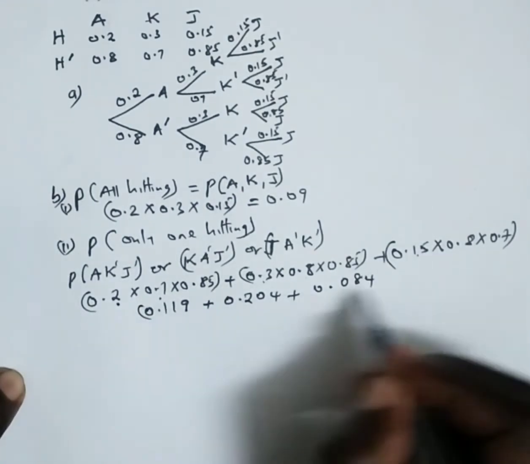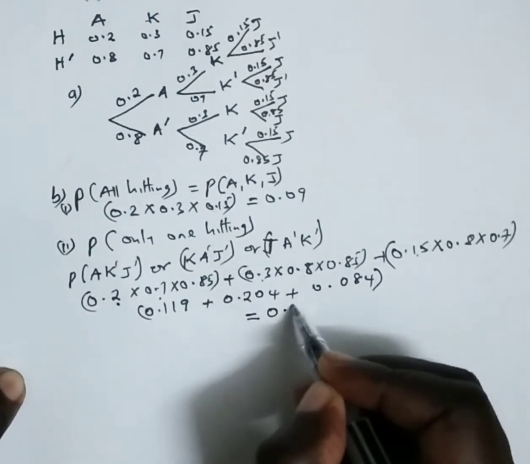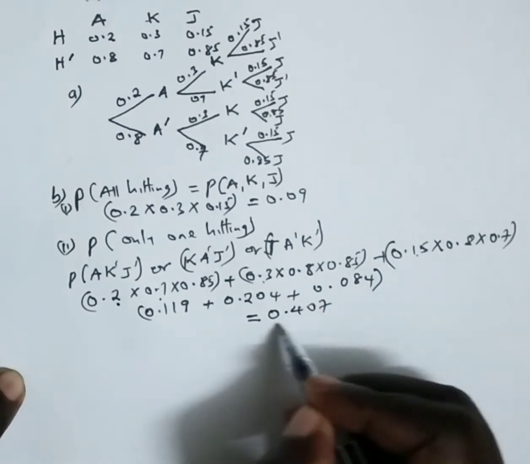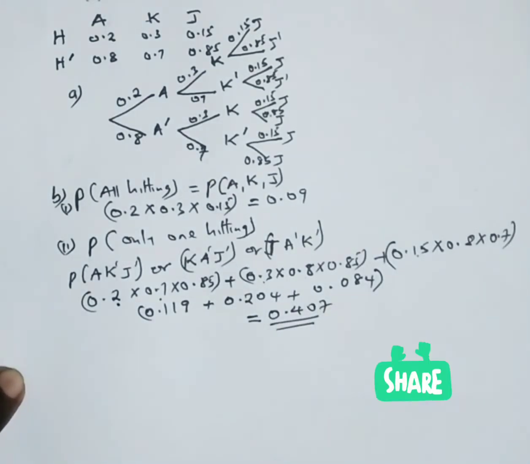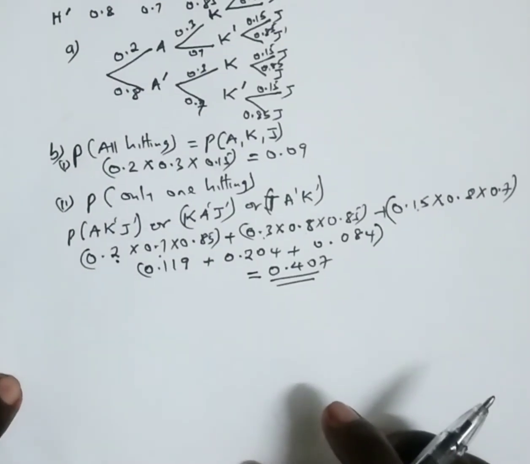When you add all the three values, you get 0.407 as the answer to Roman 2 of part B.